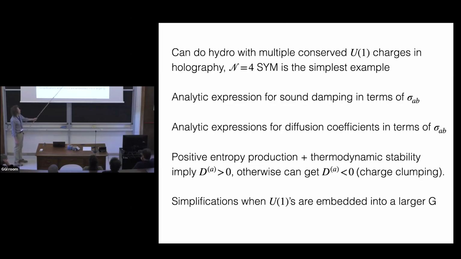Positive entropy production plus thermodynamic stability will give you positive diffusion constants, and positive diffusion constants mean your charge wants to spread out. Thermodynamic instability can give you negative diffusion constants, which means charge wants to clump, so it goes the other way. And you will have simplifications when you embed it into larger groups.